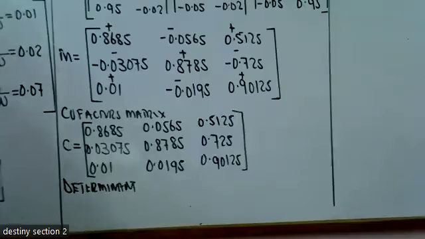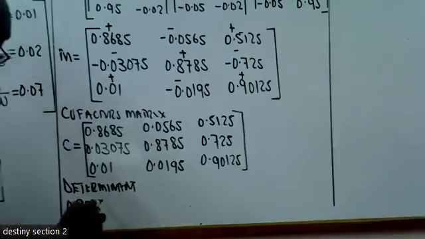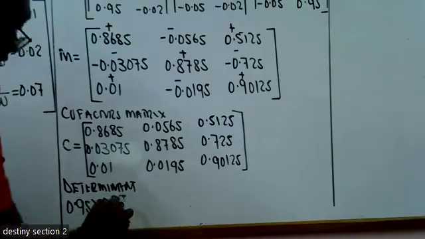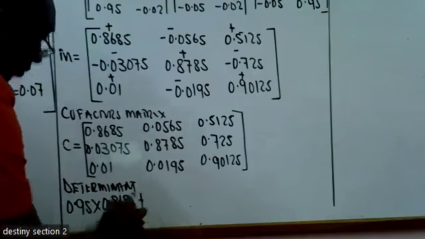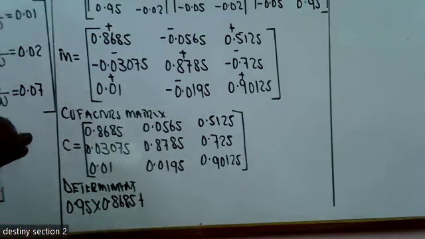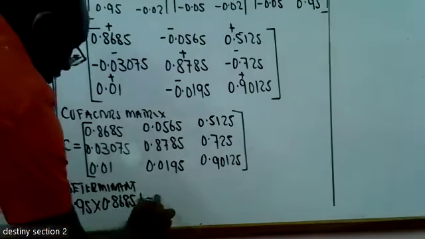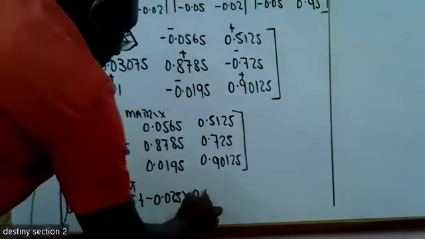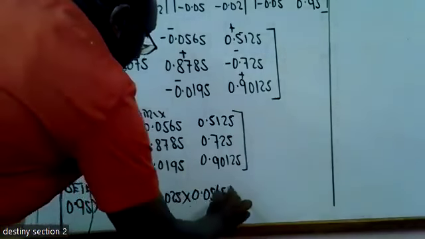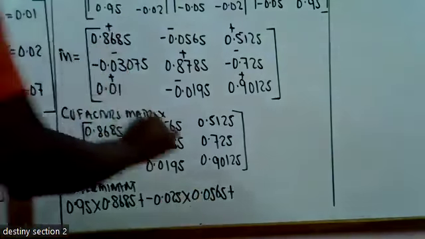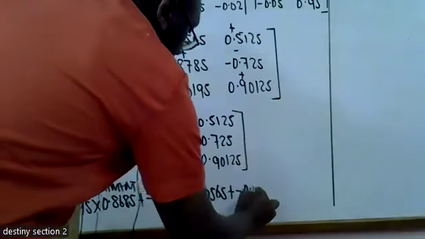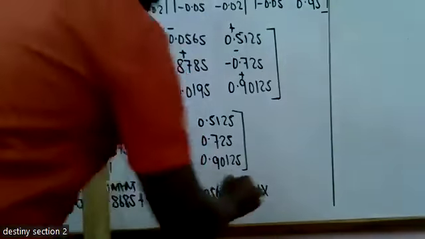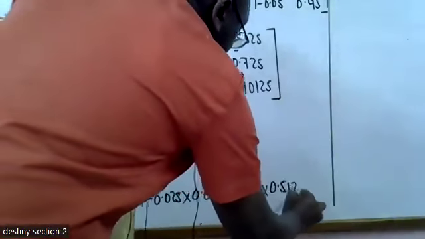So, in this case, nitasema ni 0.95. 0.95 is hii. 0.8685 plus minus 0.025 times 0.0565 plus minus 0.01 times 0.5125.